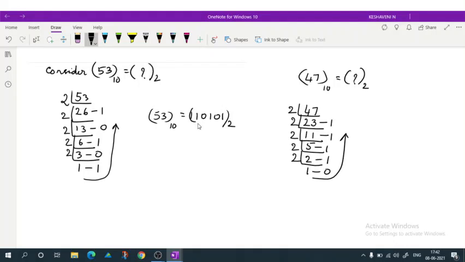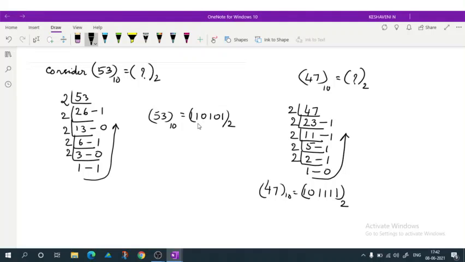Therefore, I can write 47 in decimal is equal to 1 0 1 1 1 1 in binary.